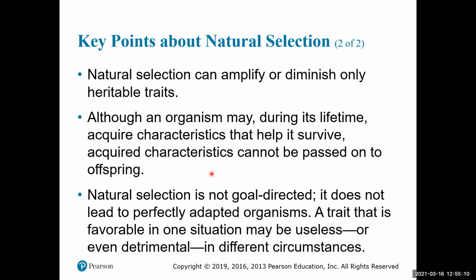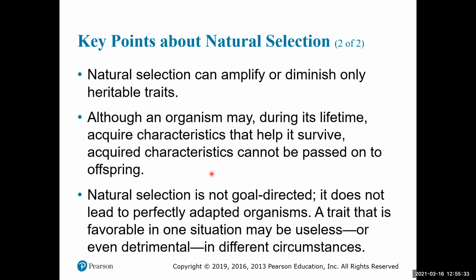And so they develop a resistance. That trait has to already be in the population in order for it to be acted on by natural selection. So organisms don't develop traits because of a need to have it. That trait is either there and selected for, or it's not.